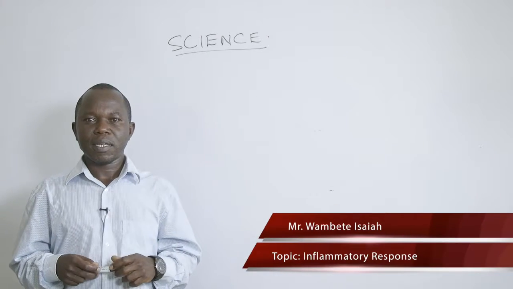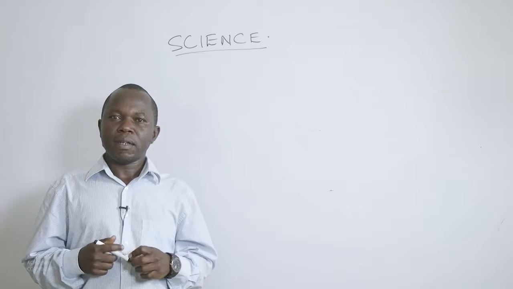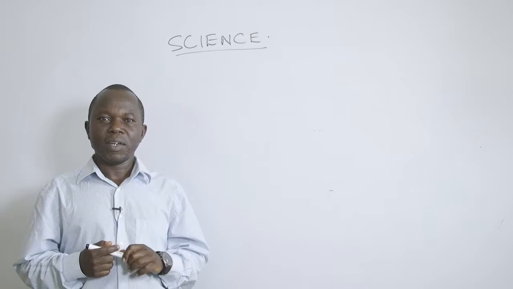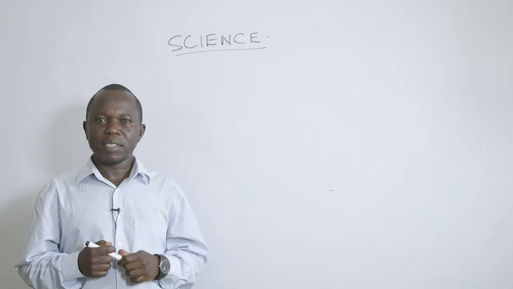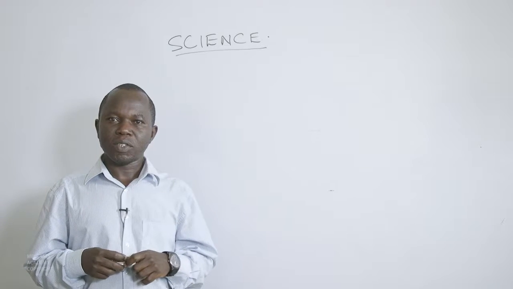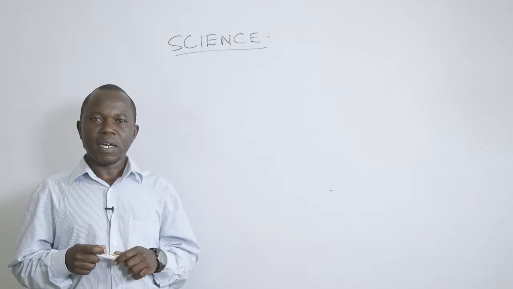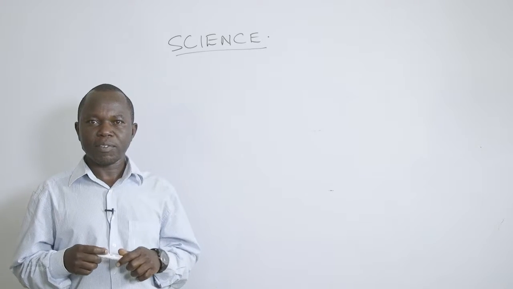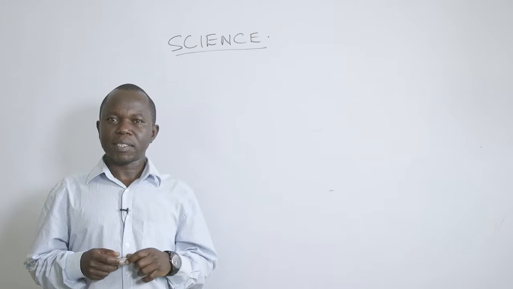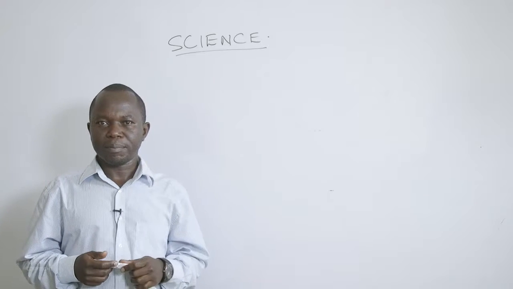Hello there, once again welcome to our science lesson, and we just want to remind ourselves previously we looked at microorganisms and we said microorganisms are those organisms that are very tiny because they are microscopic, and for that purpose to study them you need other apparatus so that you can be able to look at them.